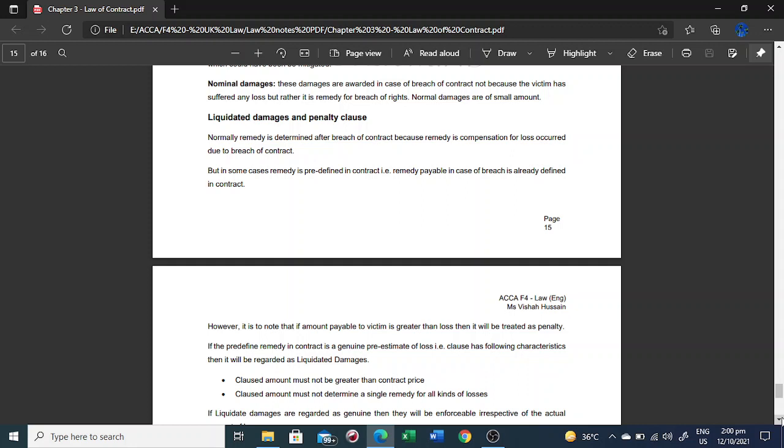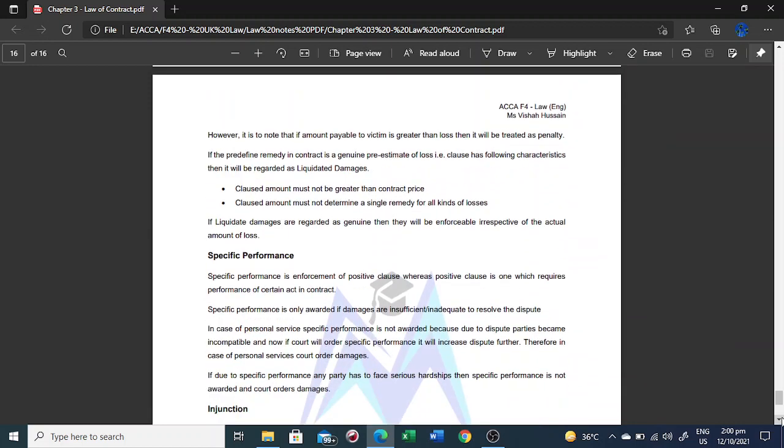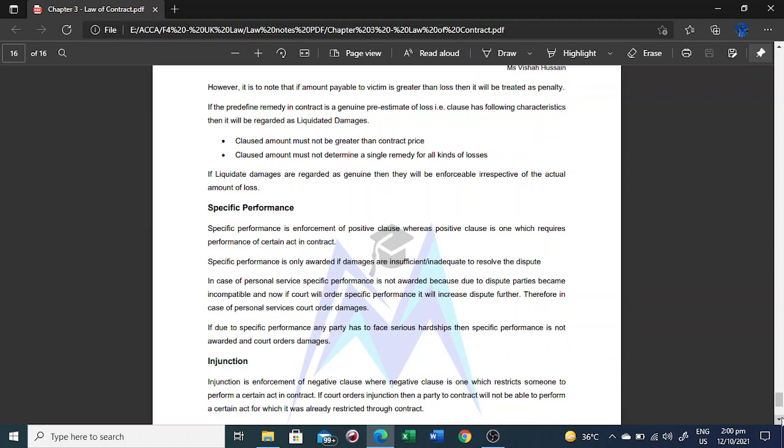But if the amount payable to the victim is more than the loss, then it will be treated as a penalty. If the predefined remedy in the contract is a genuine pre-estimate of loss, then the clause has the following characteristics. Then in that case it is considered to be liquidated damages.